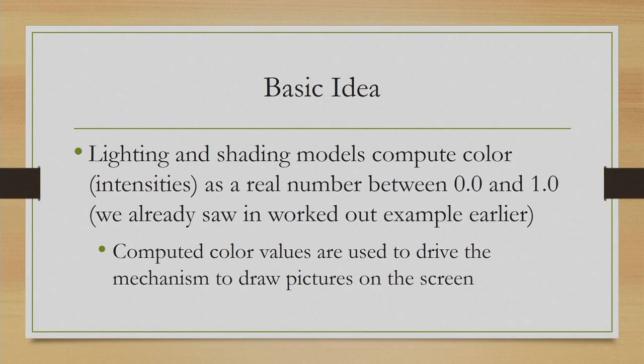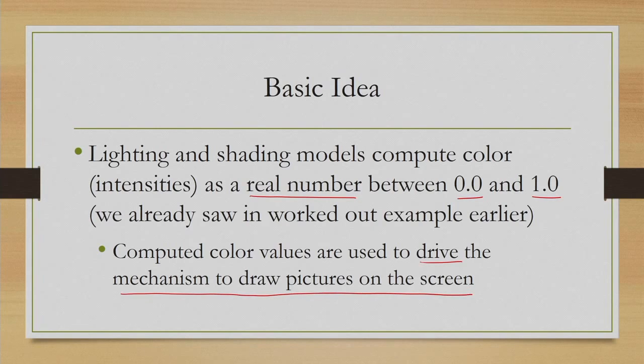If you may recollect, during the worked out examples that we have discussed in the previous lectures, we have seen the computation of intensity values, and those values are real numbers typically within the range 0 to 1. Now, these values are supposed to be used to drive the mechanism to draw pictures on the screen.